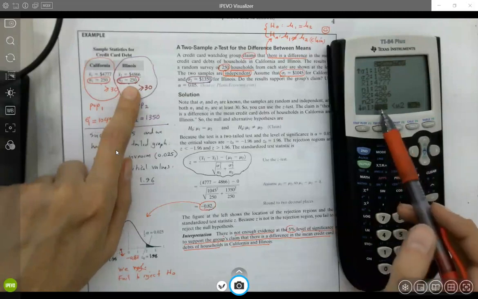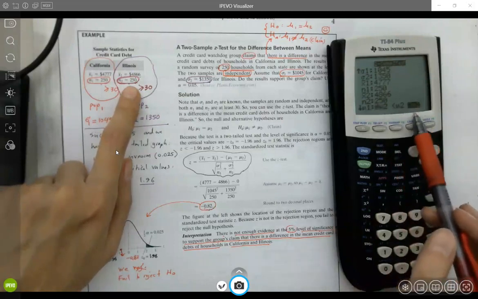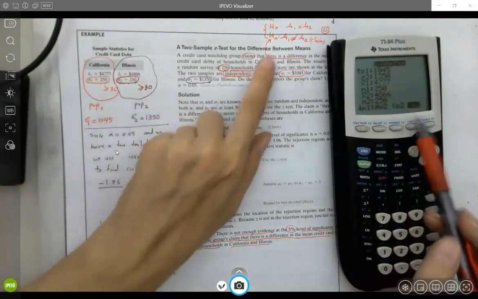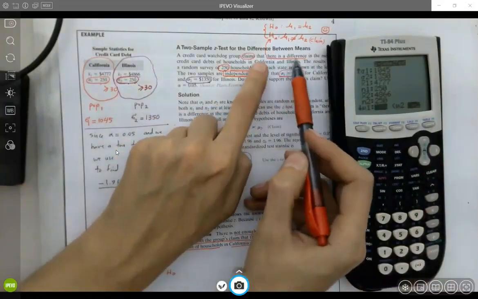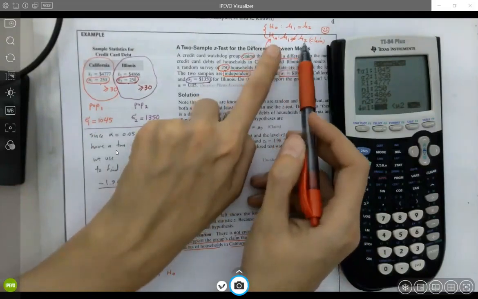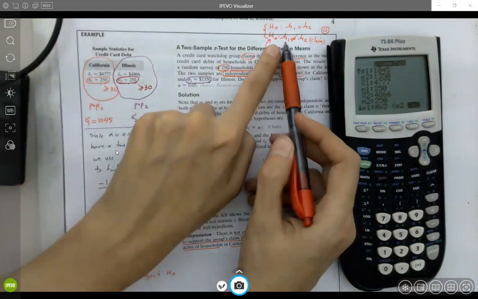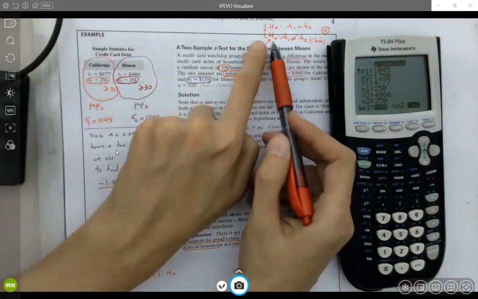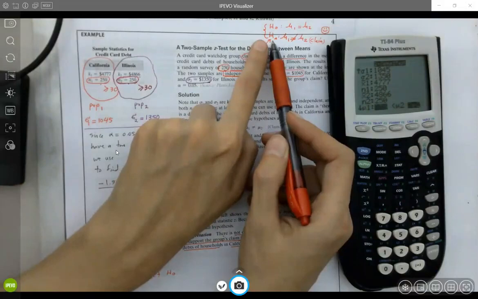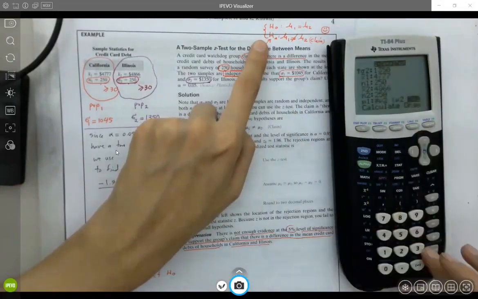Now we need to identify the type of hypothesis testing that we have. Note that it says there is a difference. They are not equal to each other. So the graph, the hypothesis testing depends on the alternative hypothesis. So it's going to be not equal to.